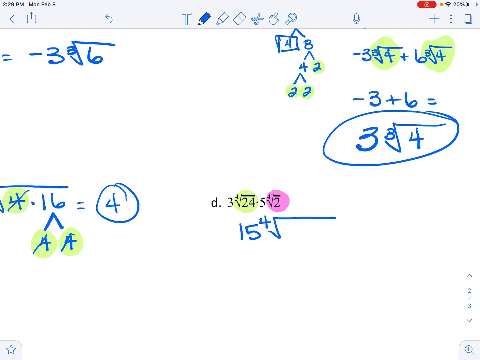Then we have the 4th root of 24 times 2. 24 is 6 times 4, 3 times 2, 2 times 2. And again, I'm looking for 4 of something. 1, 2, 3, 4.